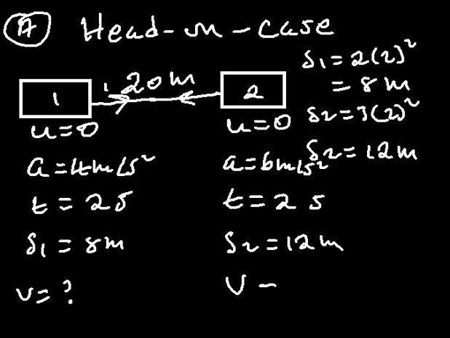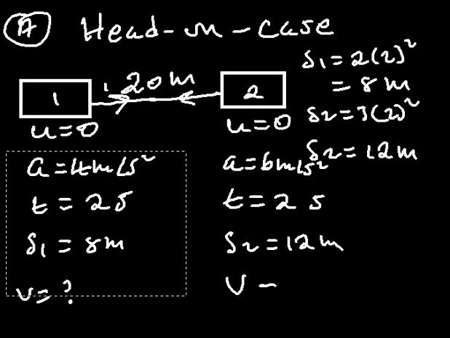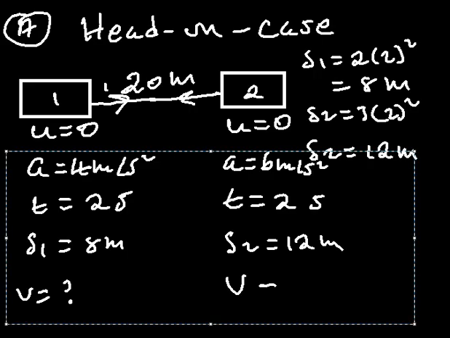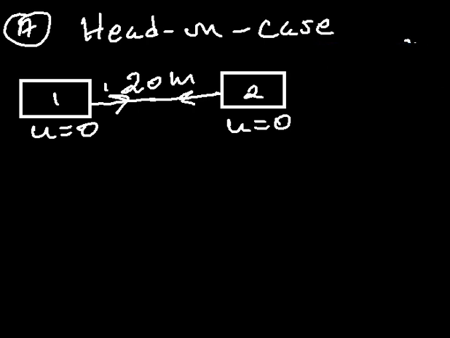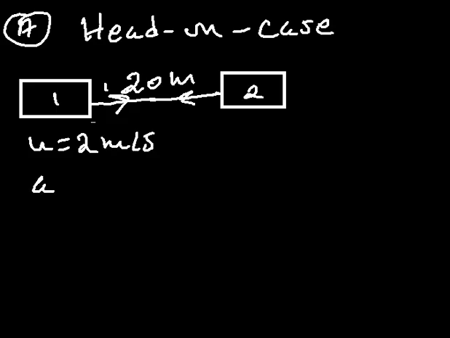Now what if we have one object moving at a constant speed? Let's say one object is moving at a constant speed, and we are using the same case which is the head-on. Let's say object 1 has an initial velocity of 2 meters per second, and it is accelerating at a constant rate of 2 meters per second square.